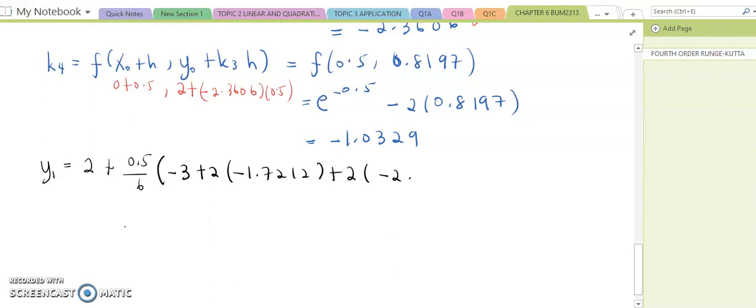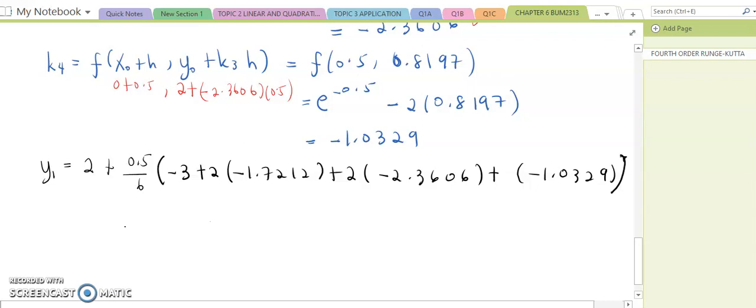K3 is negative 2.3606 plus with k4. So k4 is negative 1.0329. Okay, and then just use your calculator to calculate this value. So y1 is equal to 0.9836.